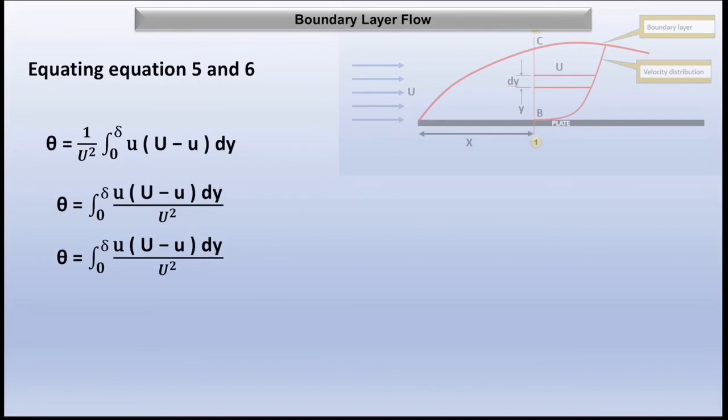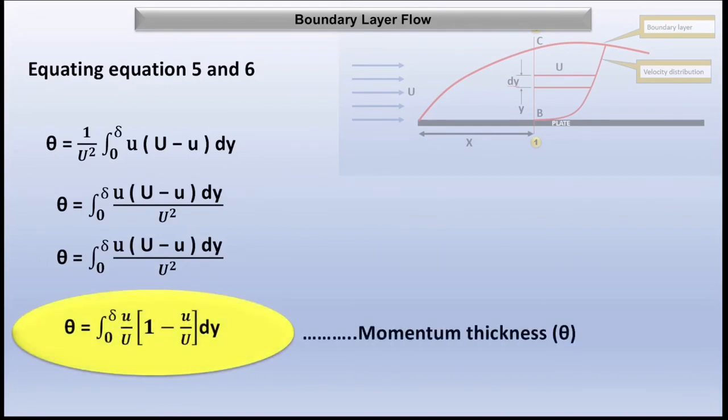Now this whole derivation you can see here at a glance. The U is going to multiply inside, and theta is equal to the integral from 0 to delta of u into (U minus u) dy by U square. Upon solving this, we get this equation.